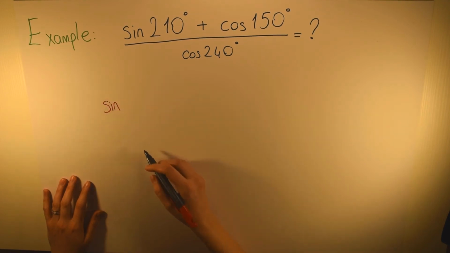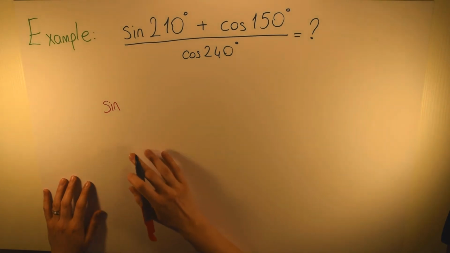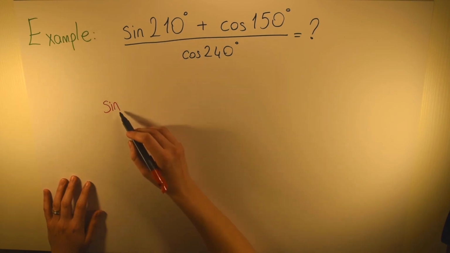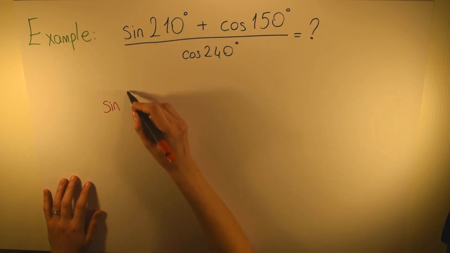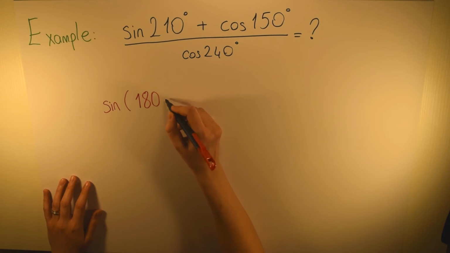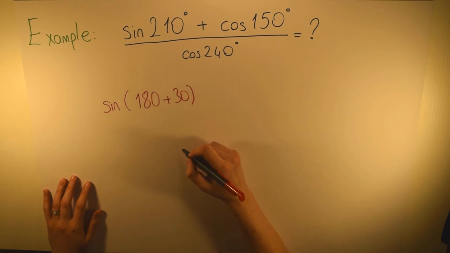Why is this sine? Because when I rewrite based on the horizontal line, the function doesn't change. Don't forget this, it will remain as sine. Instead of 210, it's close to 180, so I can write this as 180 plus 30. This is equal to 210.